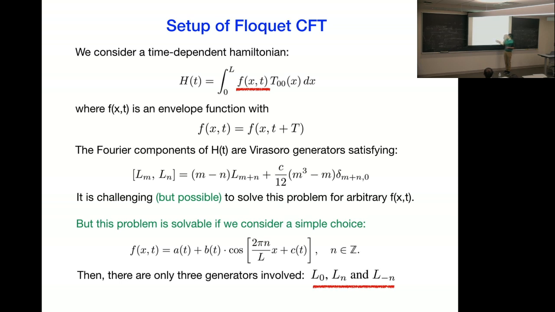Because with this kind of f, the Fourier components of the Hamiltonian are composed of only three generators: L0, Ln, and L minus n. Sure, there's also an anti-holomorphic part. These three generators form a closed algebra, which is called the SL2 algebra. Then it's easier to handle this problem.